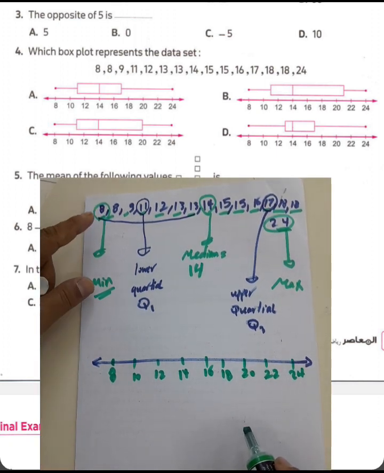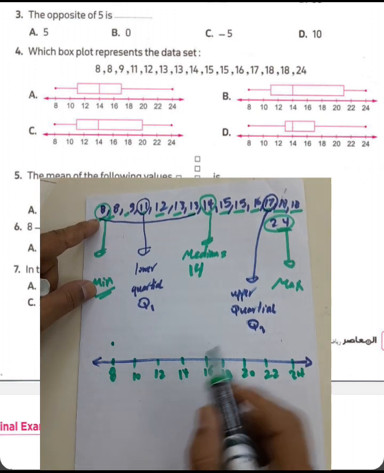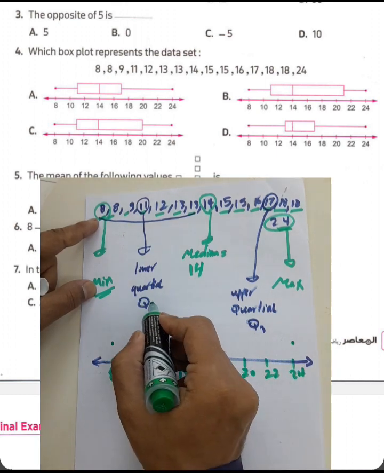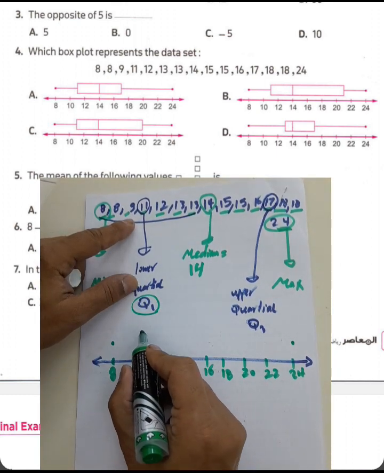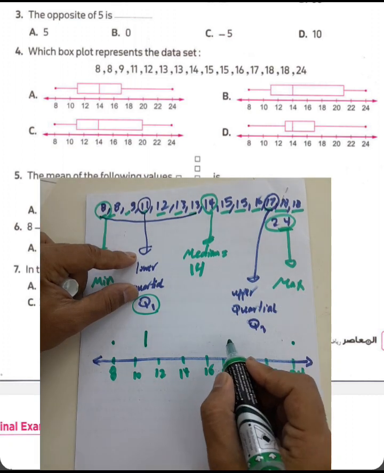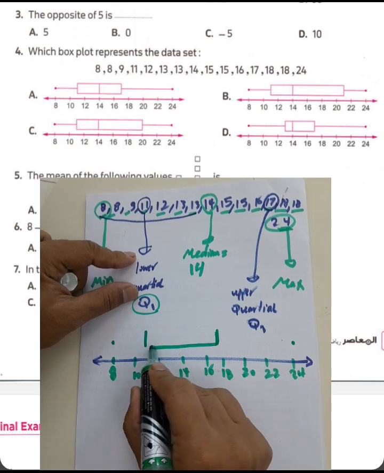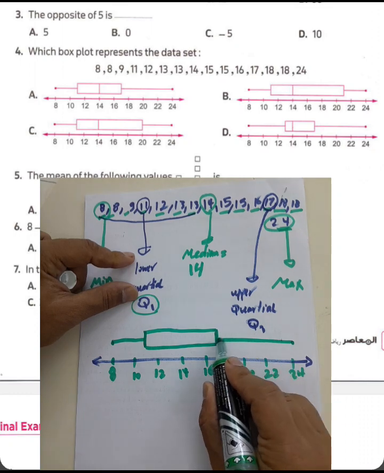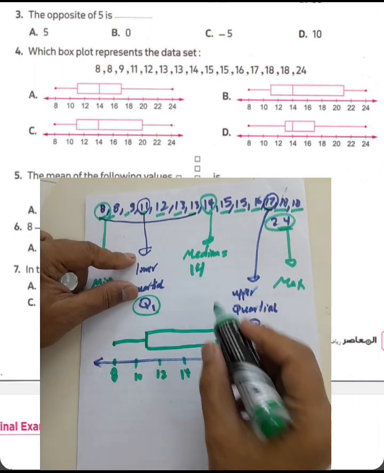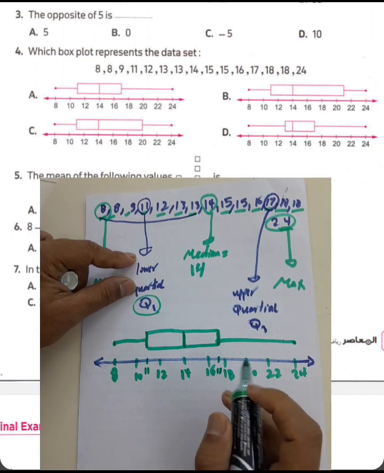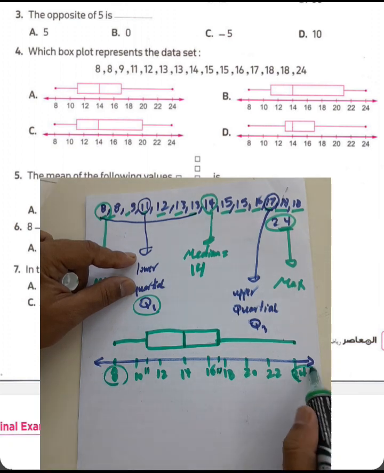Put a point at the minimum here and the maximum 24, and then lower quartile 1, 11 here. Draw this box here from 11 to 17, and then draw the median point here and draw this line. Okay, understood the steps here, and the median 14 will be the result, and here quartile 1 will be 11, and 17 quartile 3, and minimum and maximum.